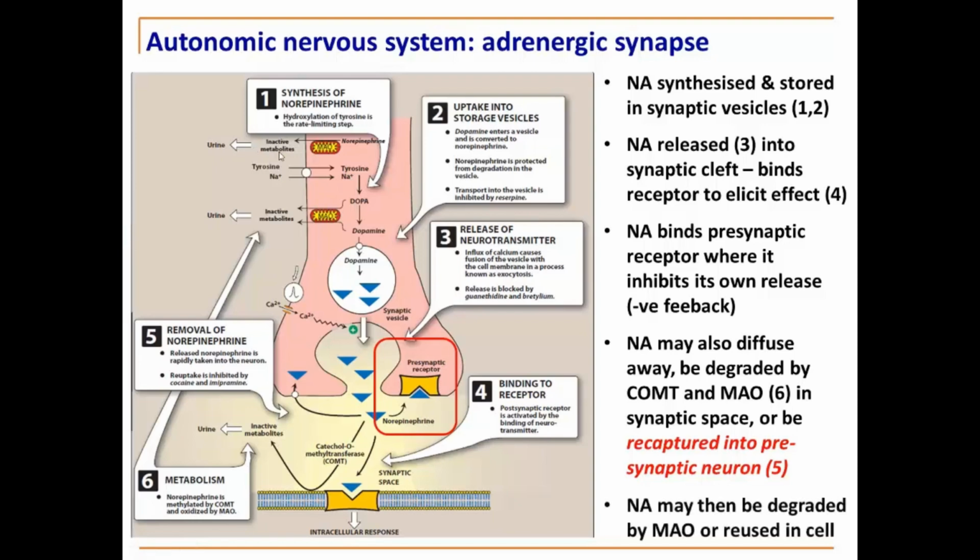So it can either be reused or degraded once it's come into the presynaptic neuron. This is the most common route, so most noradrenaline comes back into the presynaptic neuron, and less of it is degraded in the synaptic space. But the important thing is you're getting this negative inhibition going on.